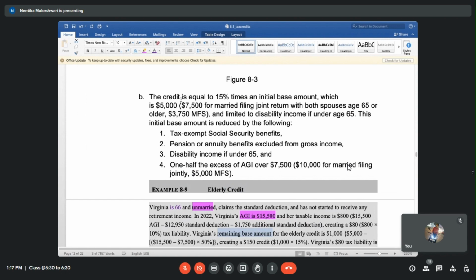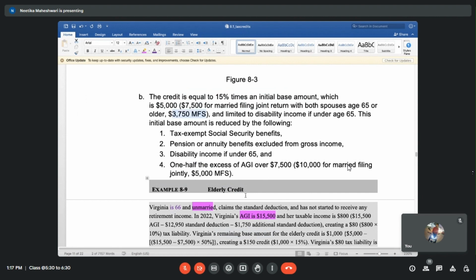The credit is equal to 15% times the initial base amount, which is 5,000 for single, I would assume 7,500 for married filing jointly, and this much for married filing separately. In her case, she's single.